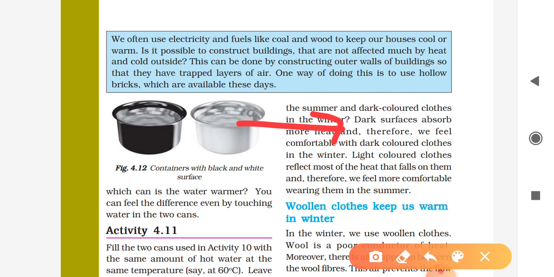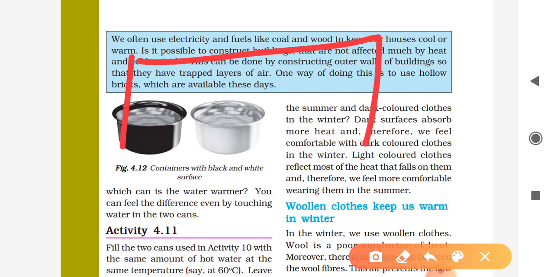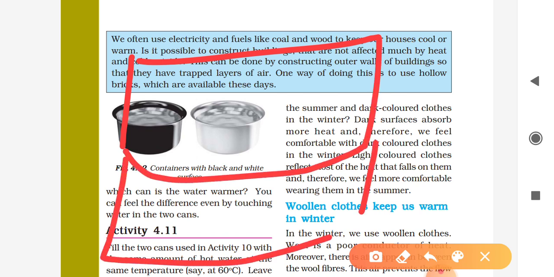Many times we are told to wear black clothes in winter, because this black color will absorb more heat. Even in a solar cooker, maybe you have observed, this kind of cooker is made. We made this kind of solar cooker in the science project last year. See, these are the cans which are present in the cooker.